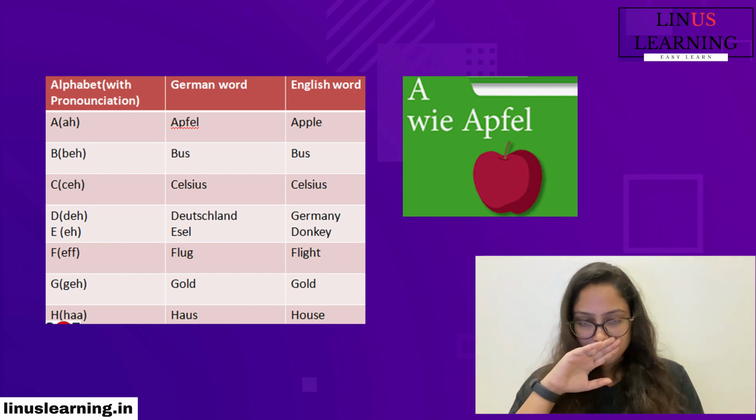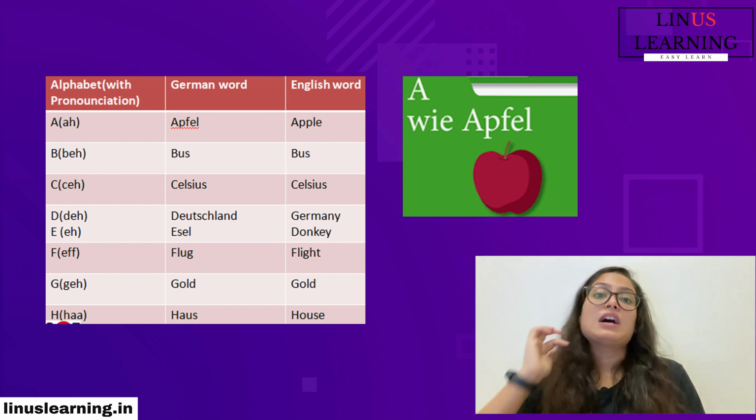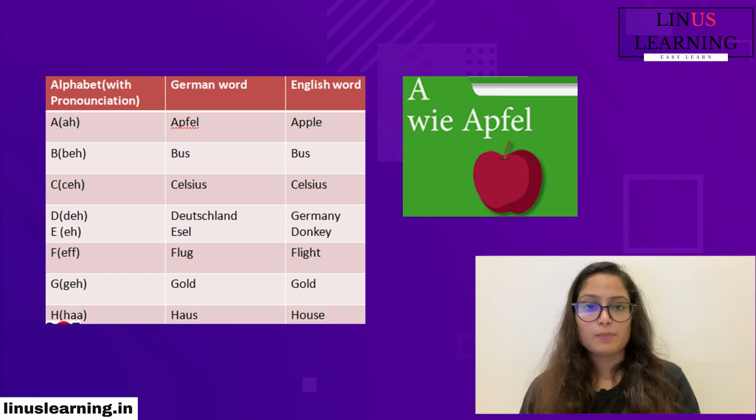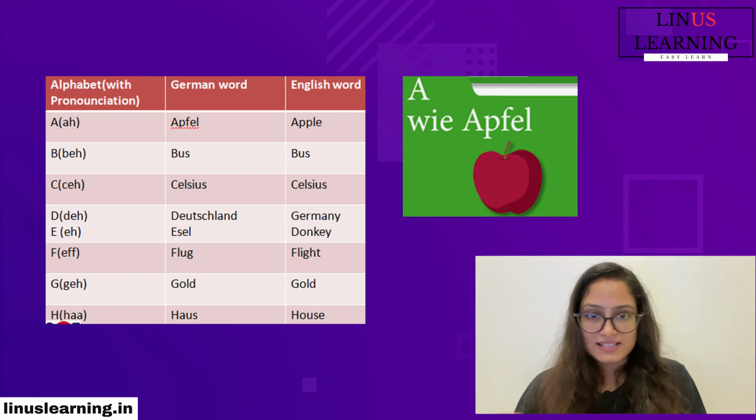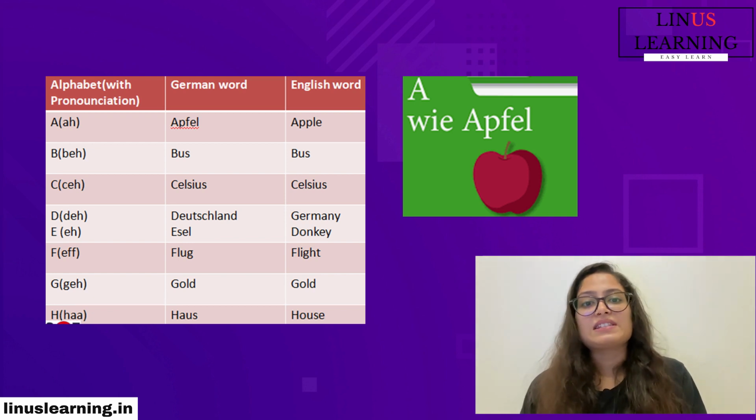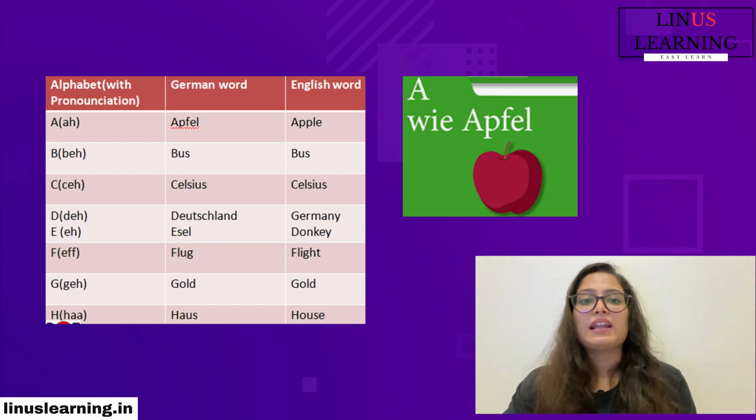If we say wie, W-I-E, in a question, then it is how. But in a normal sentence, wie means like or as. So A wie Apfel means A like apple, or A as in apple.